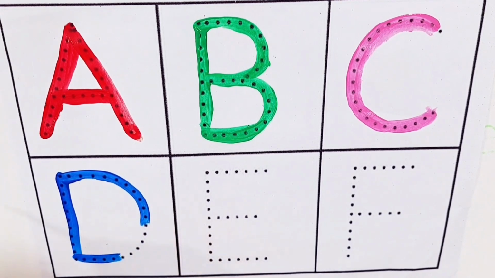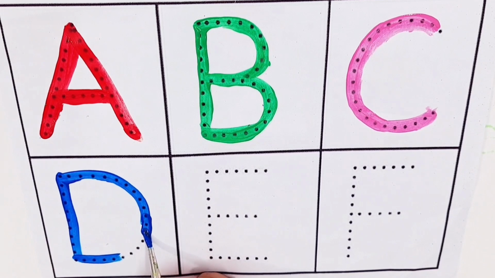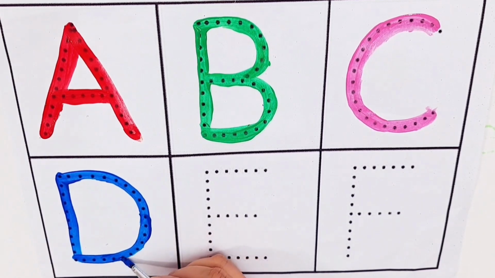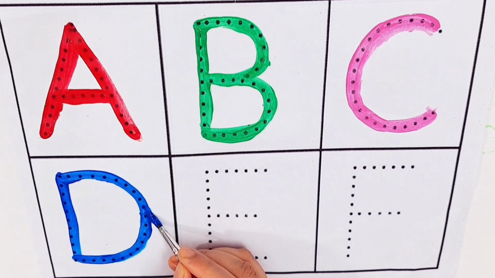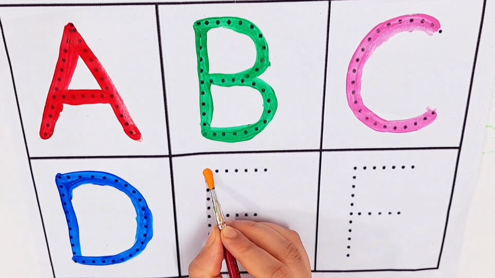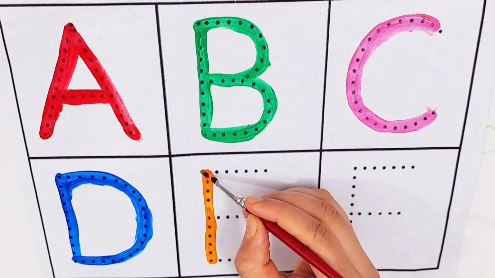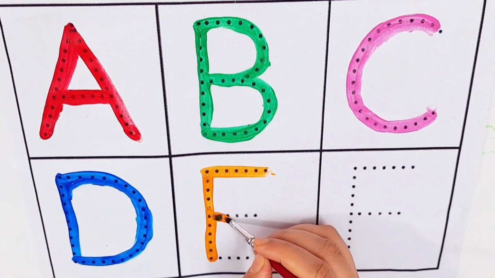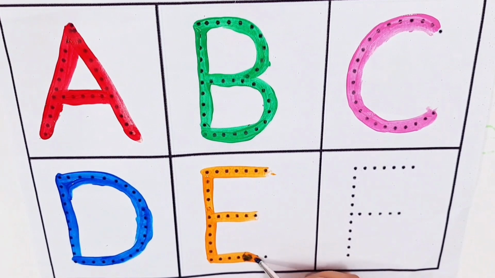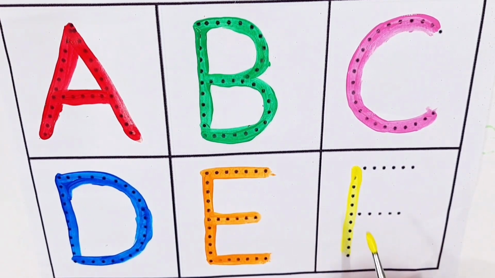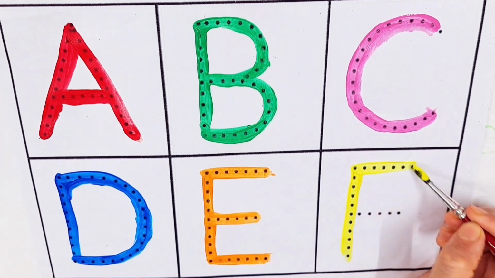D. E. E for egg. E for elephant. E. F. F for fruits. F for fox.